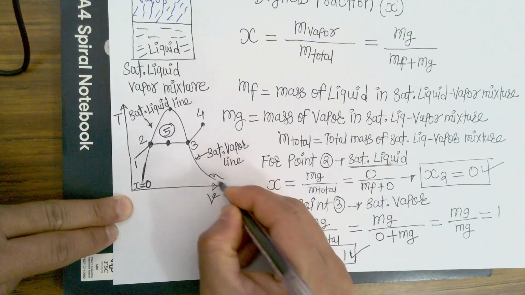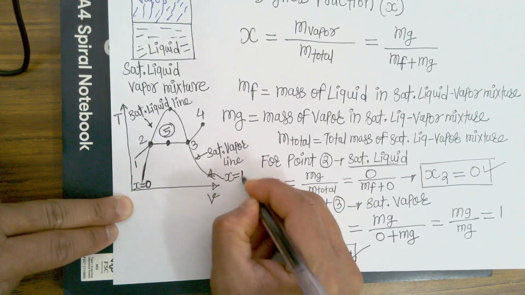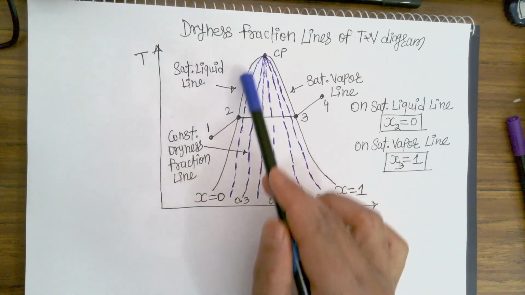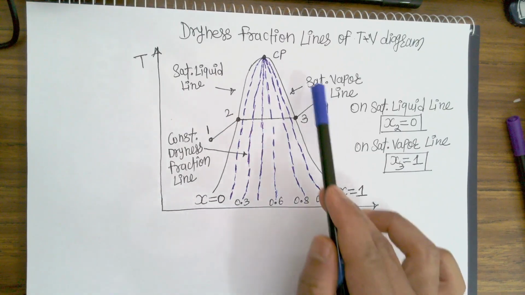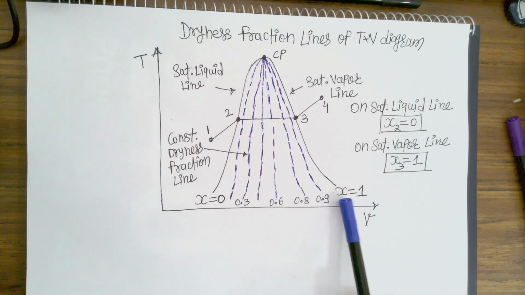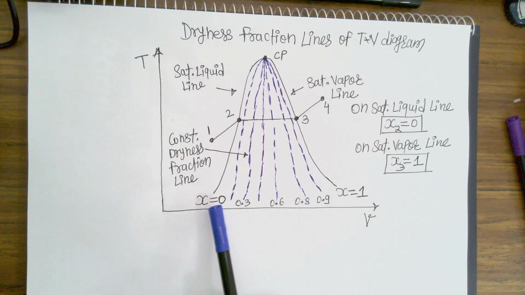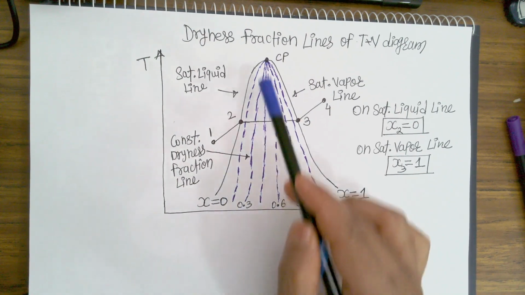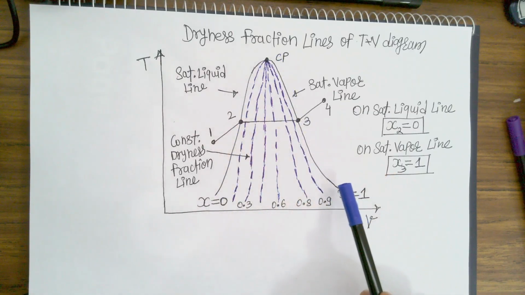And for this line here, dryness fraction is 1. So as discussed, for a saturated liquid line, dryness fraction is always equal to 0. For a saturated vapor line, dryness fraction is always equal to 1. So the dryness fraction changes from 0 to 1 between saturated liquid line and saturated vapor line.